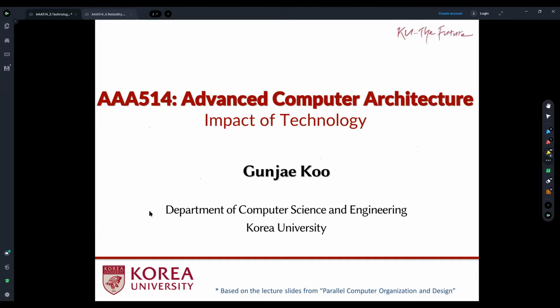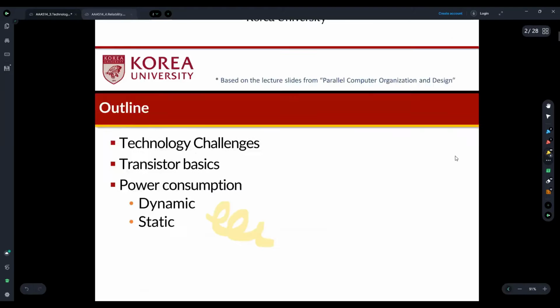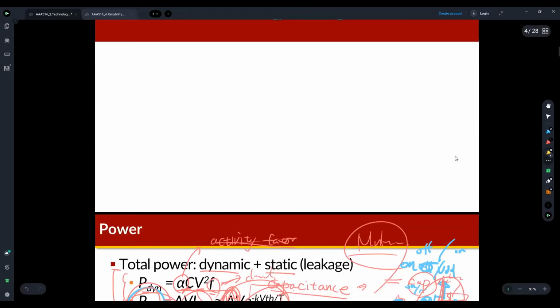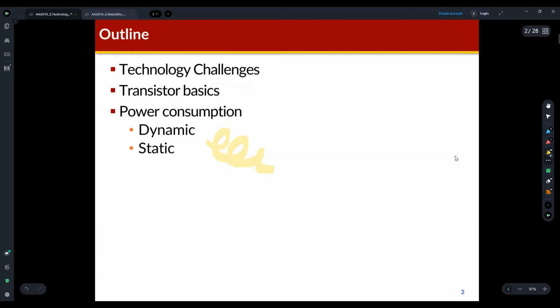So, in the previous class, we discussed semiconductor technology and the impact of this technology on the processor architecture, performance, and cost of the processor. And then I explained that CPUs are a kind of digital chip.